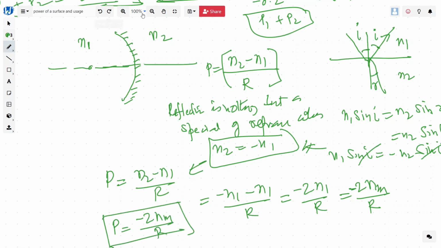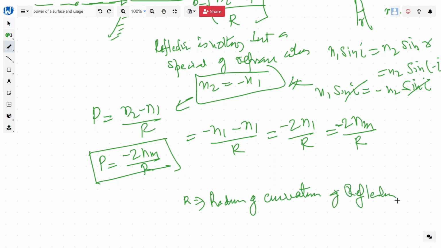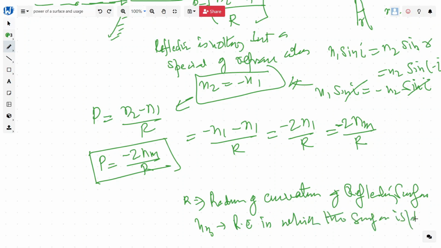Where r is the radius of curvature of the reflecting surface, and nm is the refractive index in which the surface is placed, right?